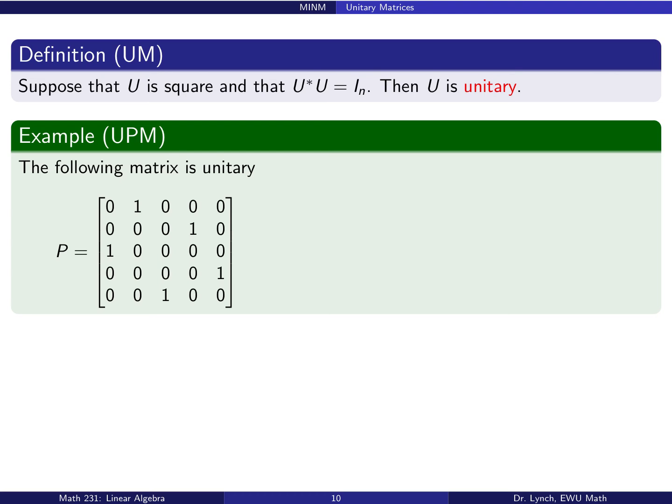There are 5 factorial permutations of this 5 by 5 identity matrix, and together the set of all permutations of an n by n identity matrix forms a special mathematical construct called a group. We're not talking about groups in this class, but you will if you take an abstract algebra course, and that's an important consideration.